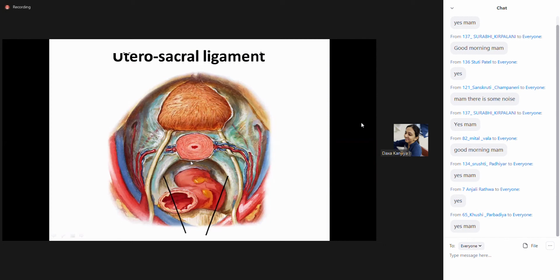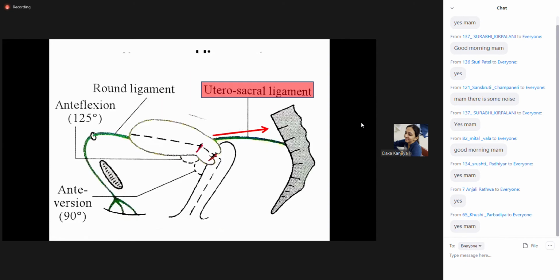It will carry certain lymphatics of the cervix along with it, and it pulls the cervix backward. Thus it maintains the anteflexion and anteversion position of the uterus.